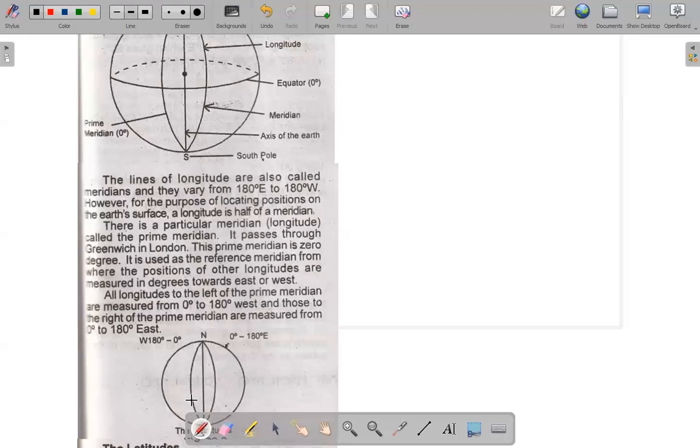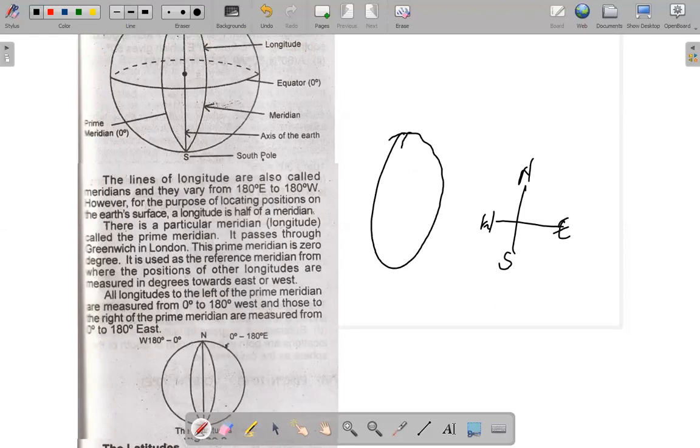Remember our cardinal points. Now, this is north, south, west, and east. So we say that the lines that run vertically from the North Pole to the South Pole are called the lines of longitude.